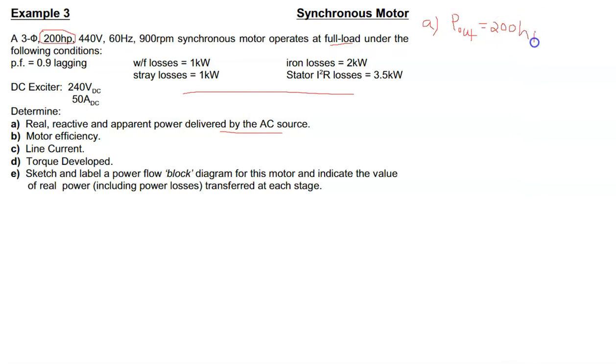So 200 horsepower times 746 watts per horsepower, and P out then is equal to 149.2 kilowatts.